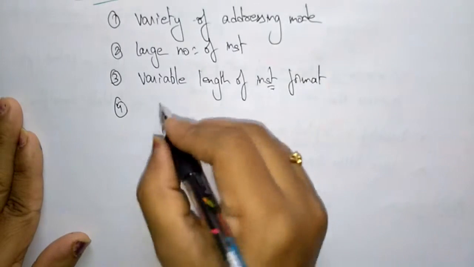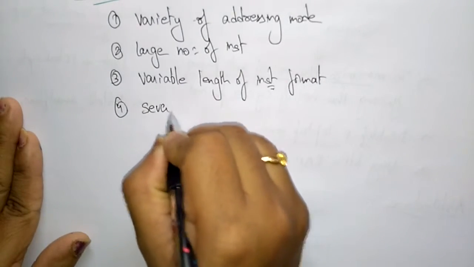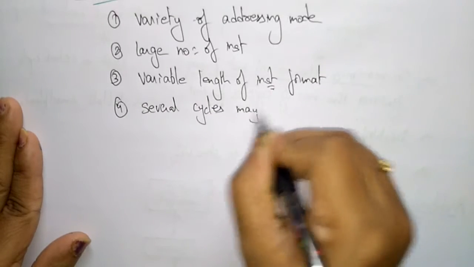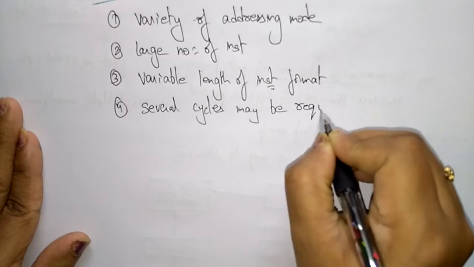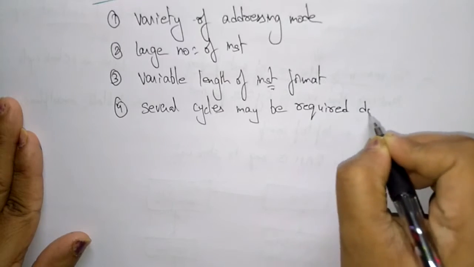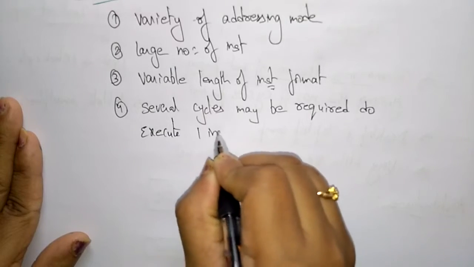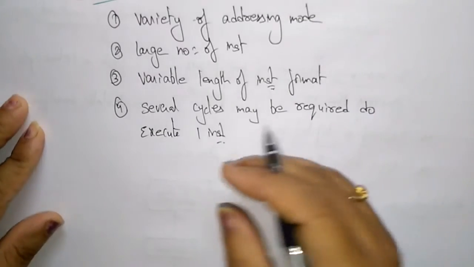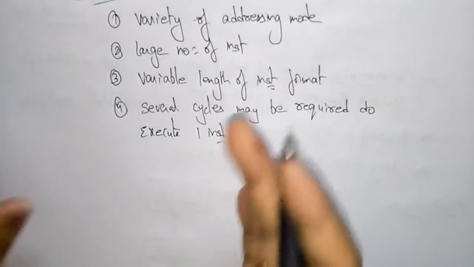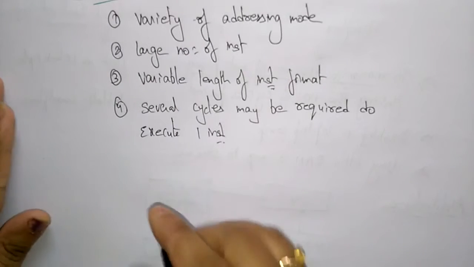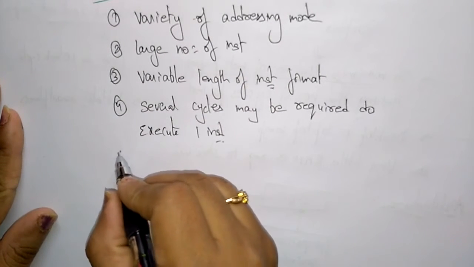And next, several cycles may be required to execute one instruction. I already said the CISC processor ignores the number of cycles, so you can use several cycles to execute one instruction.